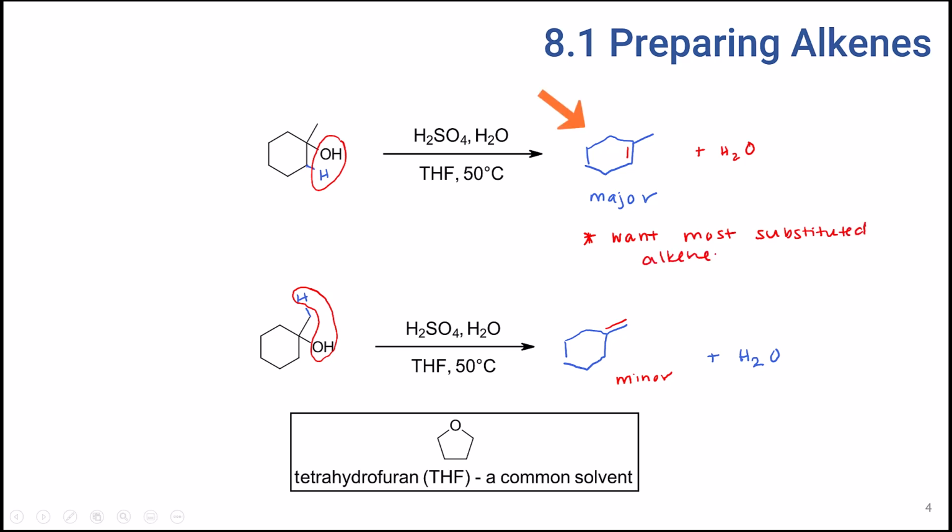So in this first alkene, we created a tri-substituted alkene. So there's 1, 2, 3 groups coming off of that alkene. This one is only di-substituted. So that one is less stable, so that's why that one is the minor product. So that's one way of forming an alkene.